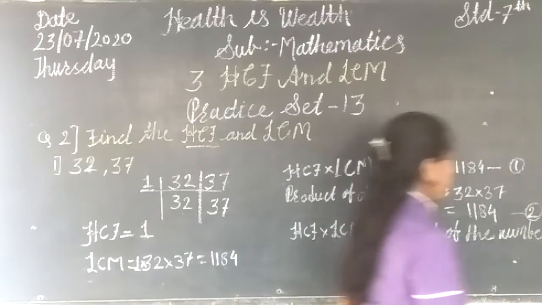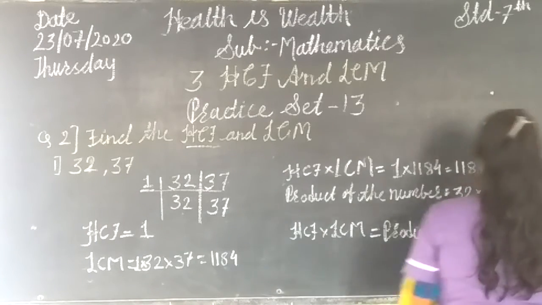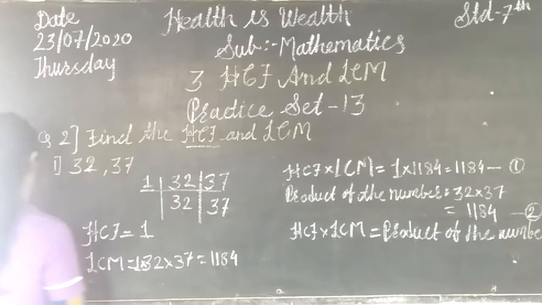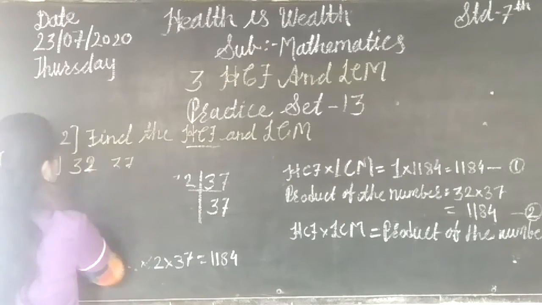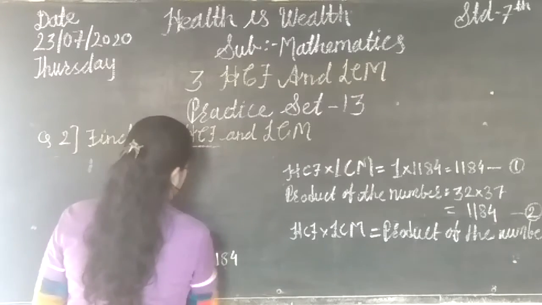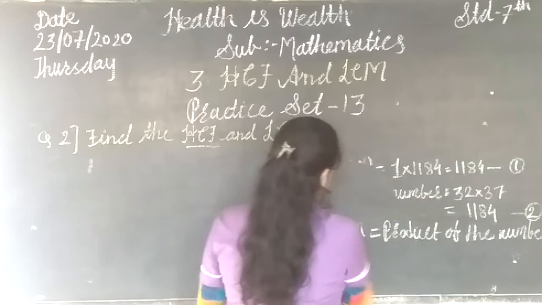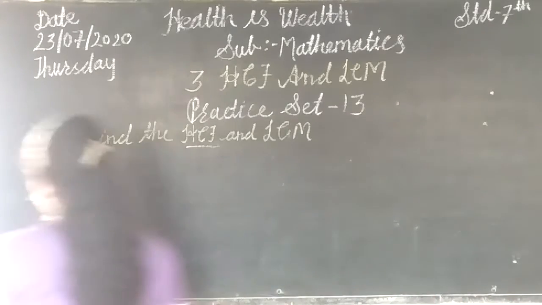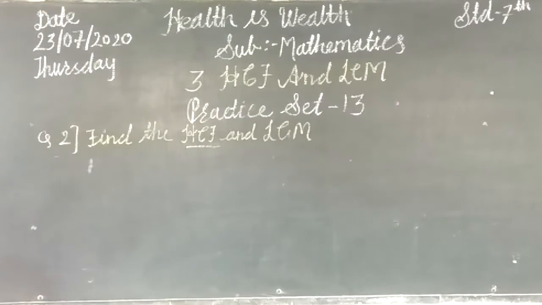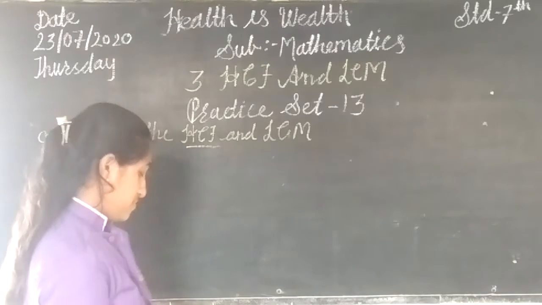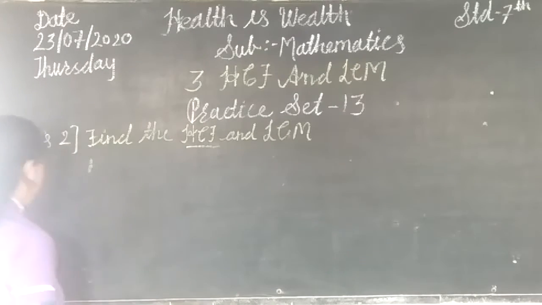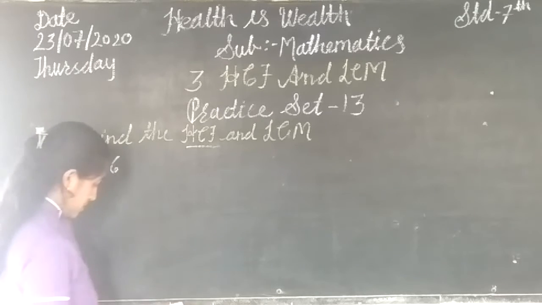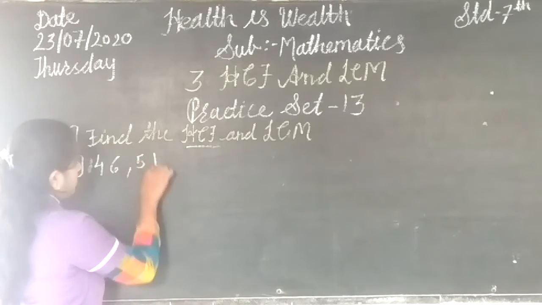Now see the next question. What is our next question? Question number 2: what is given? 46 and 51.